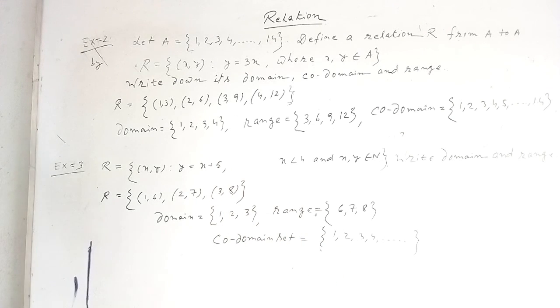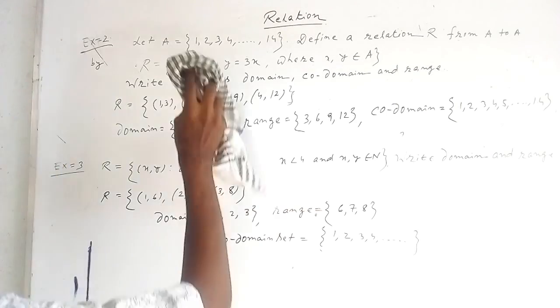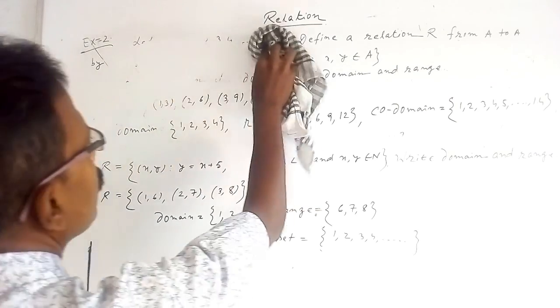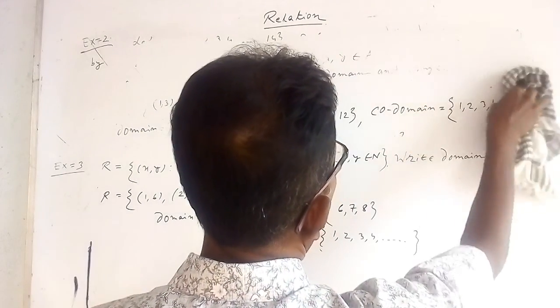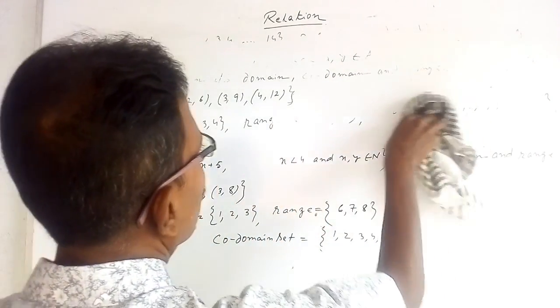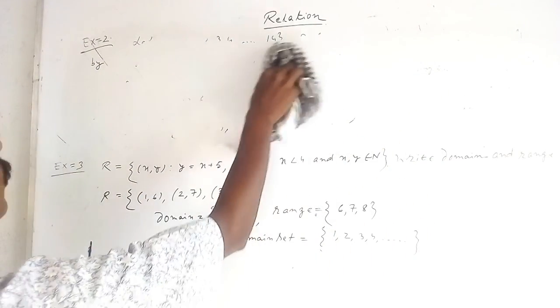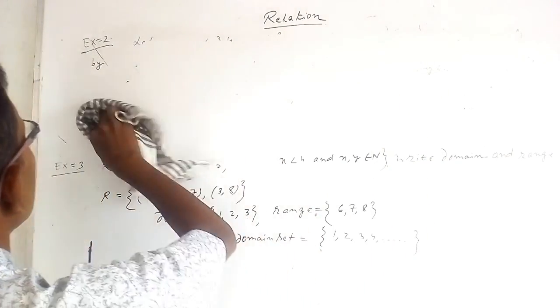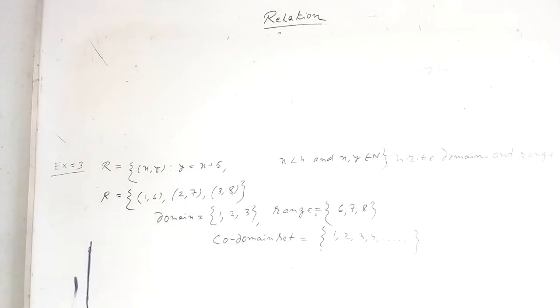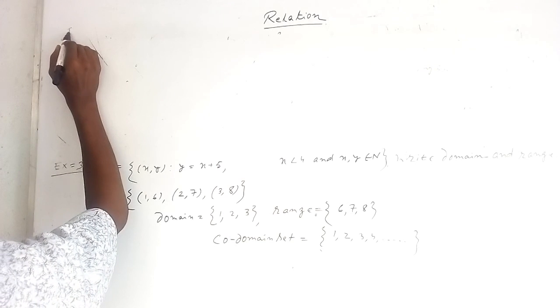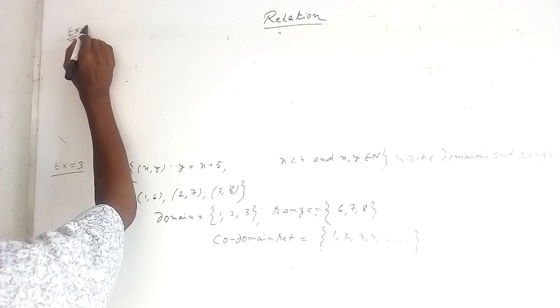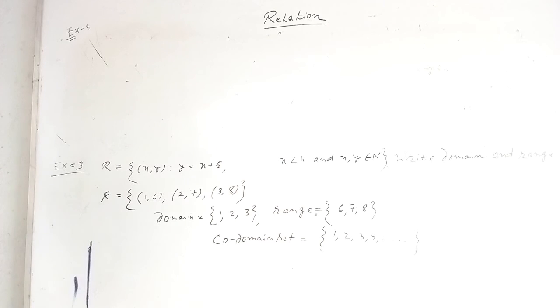Okay. Now next example 4 we are going to discuss. Now we rub the first one, question number 3, and write here question number 4. Determine the domain and range.